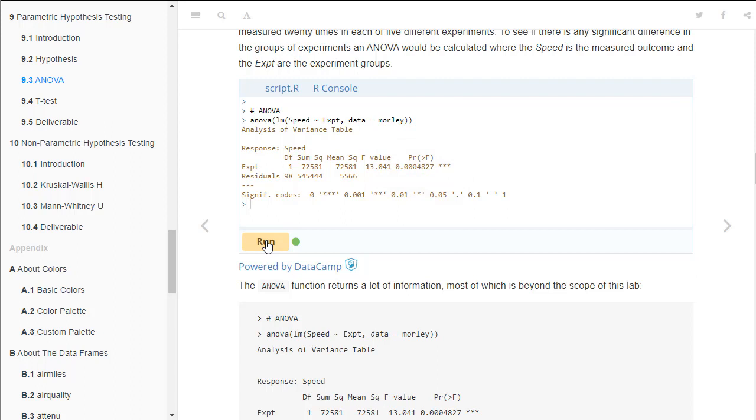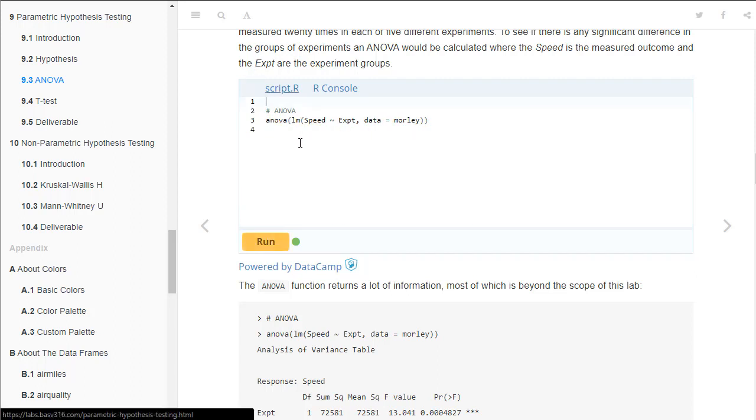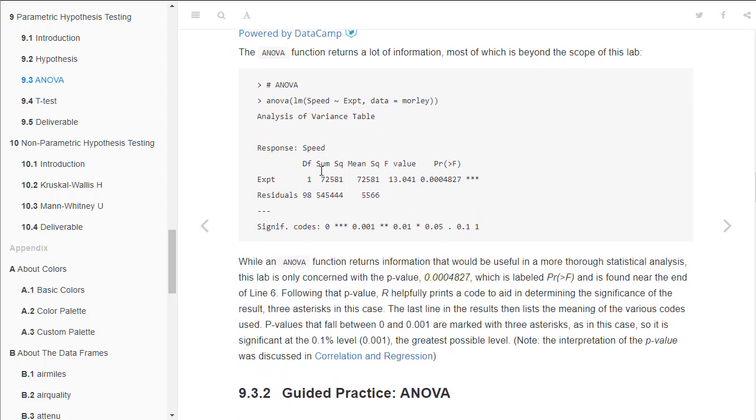And this would tell me that whatever it is we were testing, in this case Morley's data concerning the speed of light, there was a significant difference between the various groups in this particular experiment.